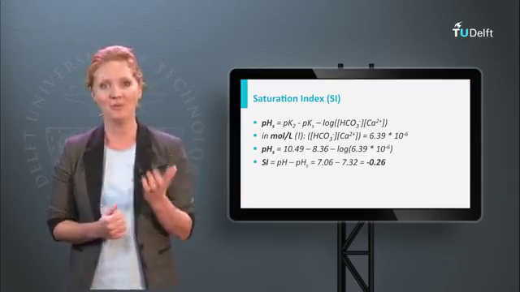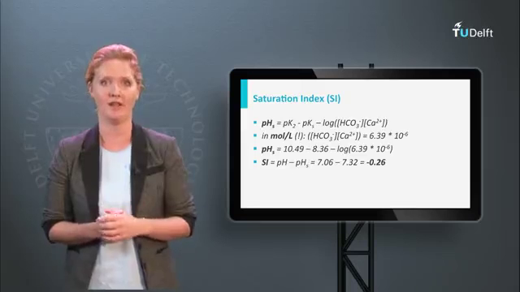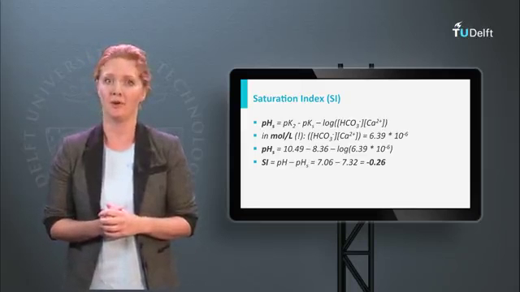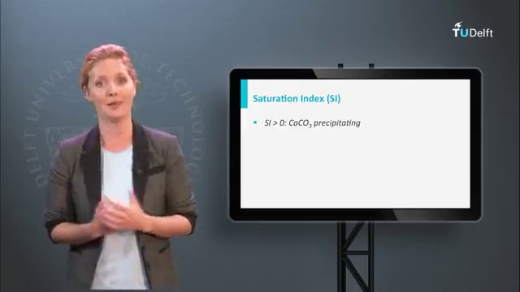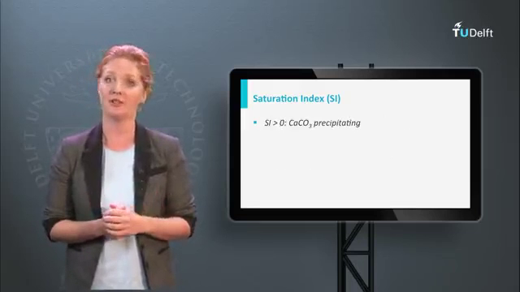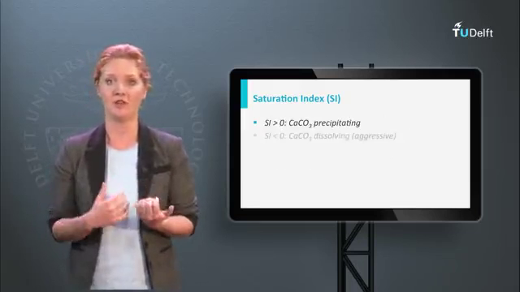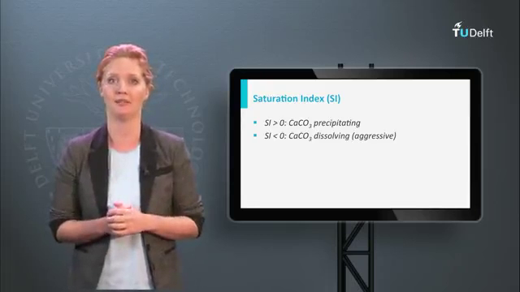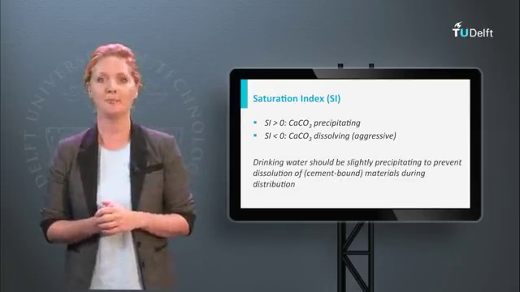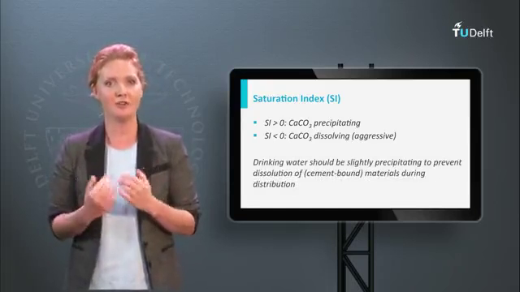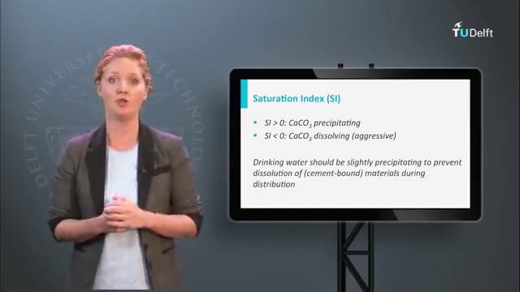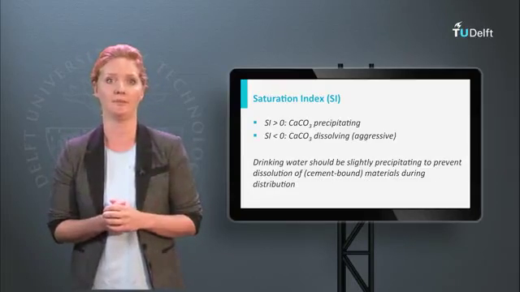Yes, you're right. This water is calcium carbonate aggressive because the SI is below 0. A saturation index above 0 is calcium carbonate precipitating, and an SI below 0 will dissolve calcium carbonate. For drinking water, it is preferred to have water that is slightly precipitating to prevent dissolution of materials during distribution.